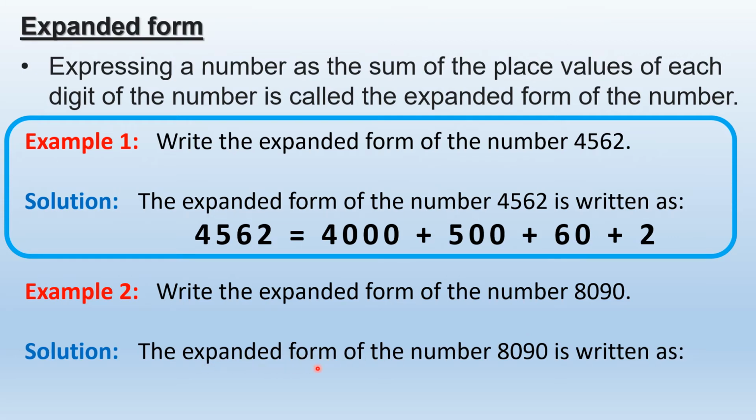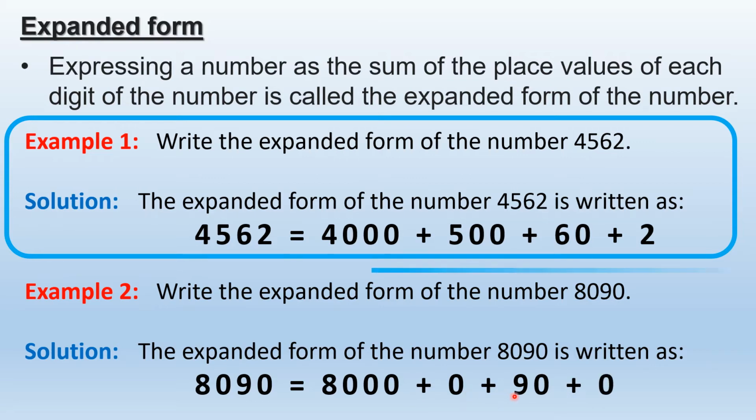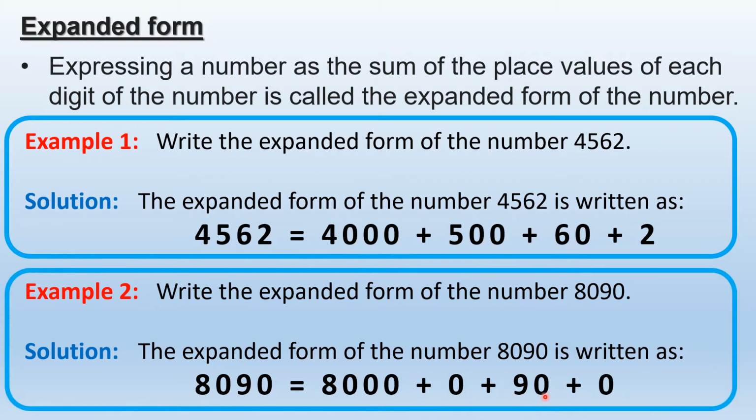The expanded form of the number 8090 is written as: the given number is equal to 8 followed by 3 zeros plus 0 plus 9 followed by 1 zero plus 0.